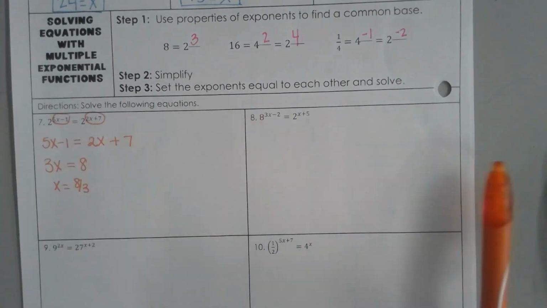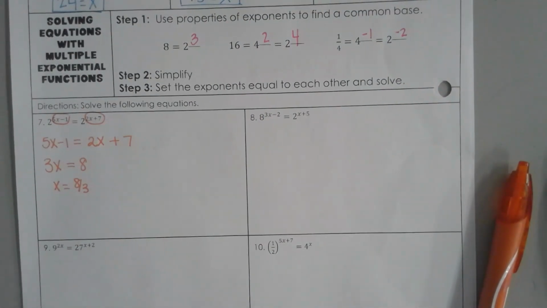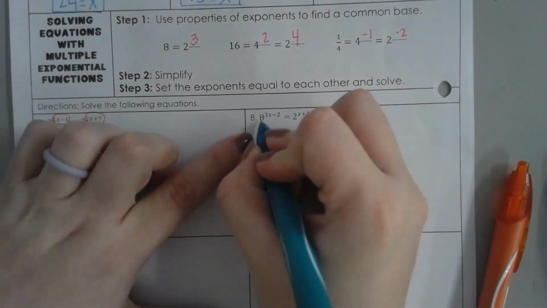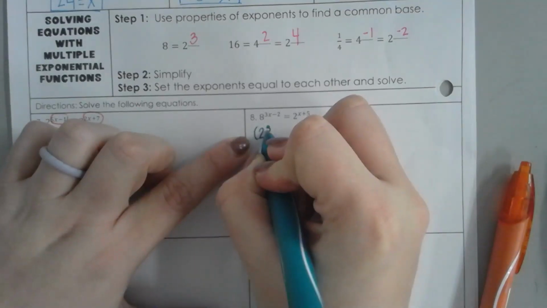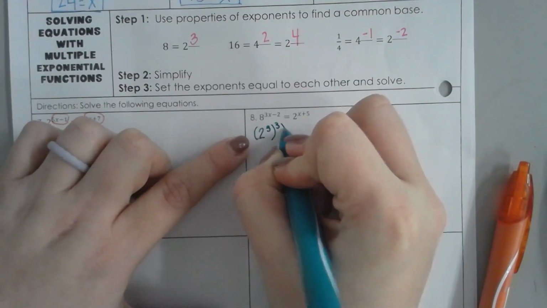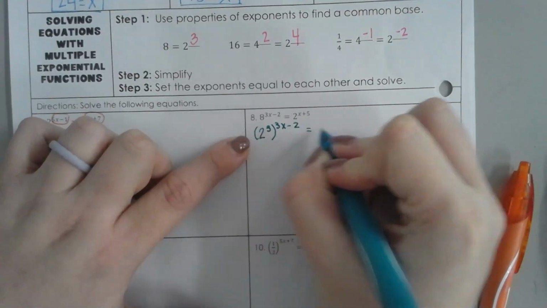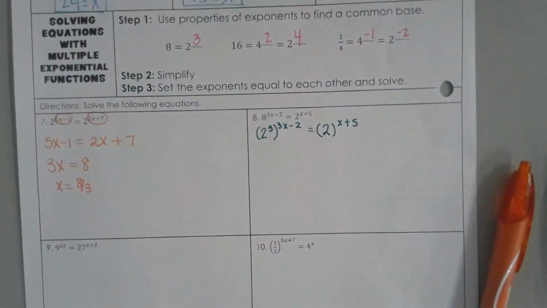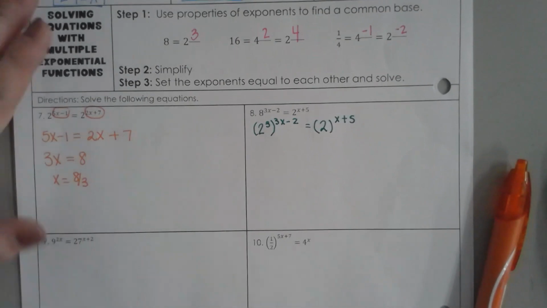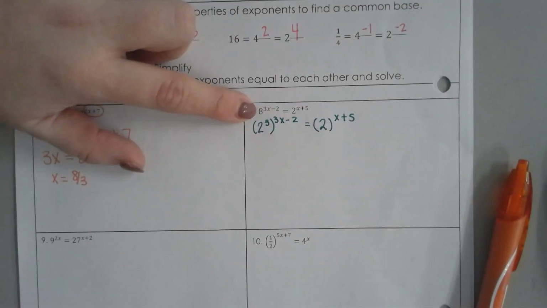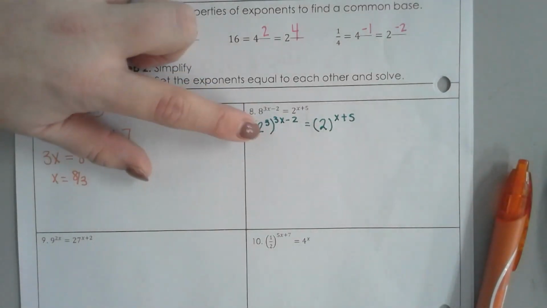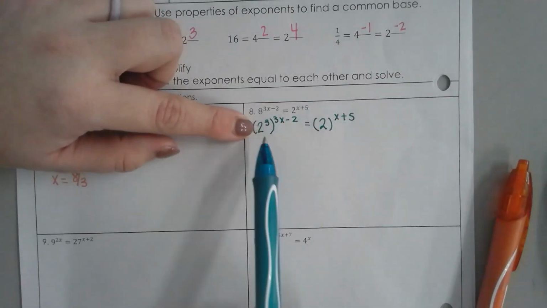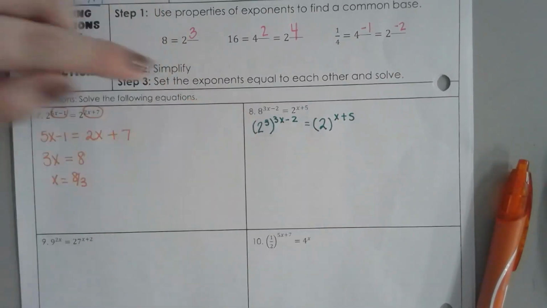So I'm going to rewrite this as 2 to the third power, and then I still have that 3x minus 2. So all I did was change the 8 to 2 to the third. And now I have this common base.